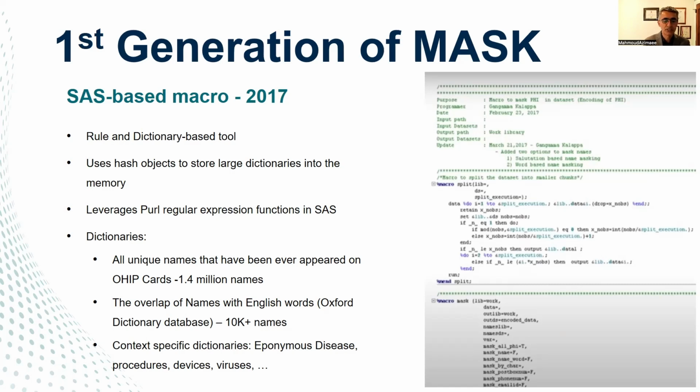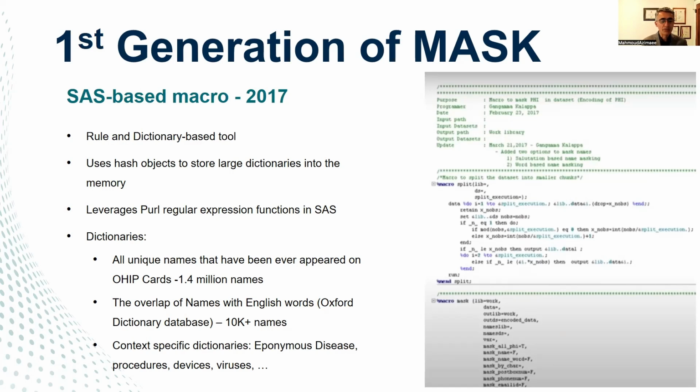Basically, we used an Oxford Dictionary database, open source, and we merged it with our names in Ontario, and we found there are more than 10,000 names that you can imagine are also regular verbs or occupations or many similar situations.